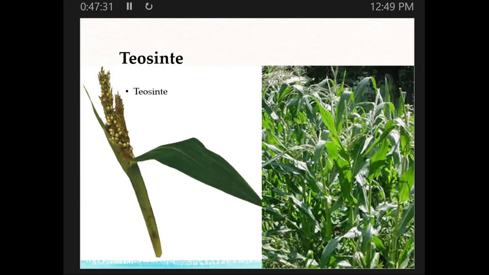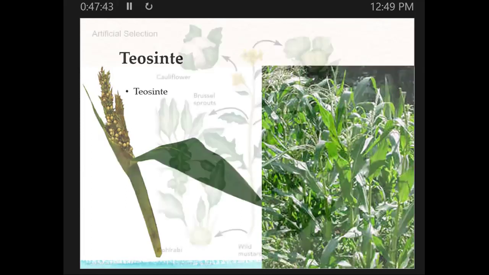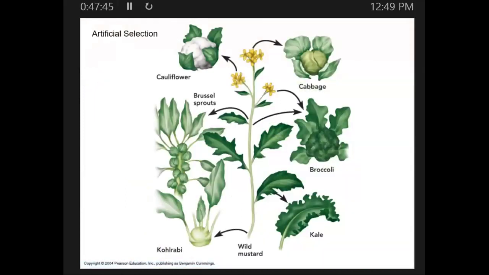And then the other thing, kind of amazing, is that we have so few plants that we use for food. When you think about 250,000 different angiosperms, really there are so few of them that we actually use. Here's a fun one. Look at what we get from wild mustard.